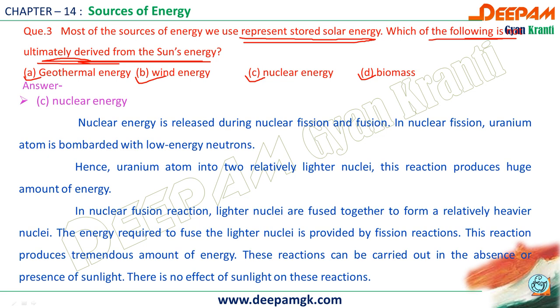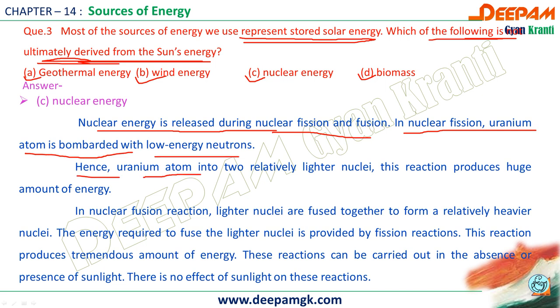Why? The reason is given here. Nuclear energy is released during nuclear fission and fusion, as we talked about in the last MCQ. In nuclear fission, a uranium atom is bombarded with low energy neutrons. Hence, the uranium atom splits into two relatively lighter nuclei.